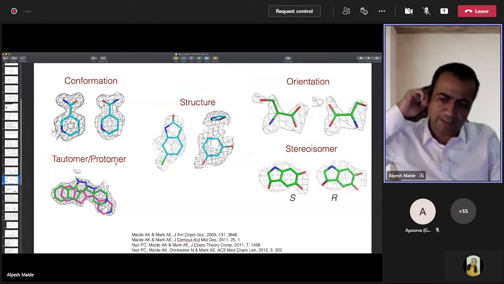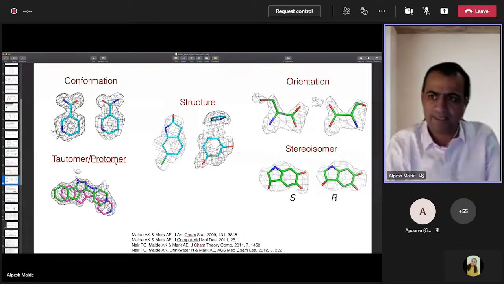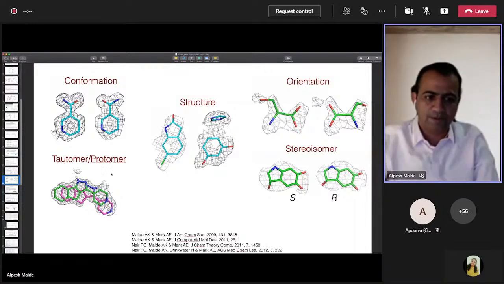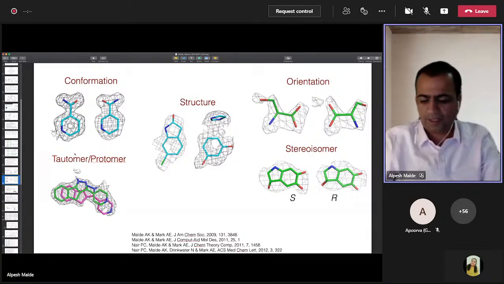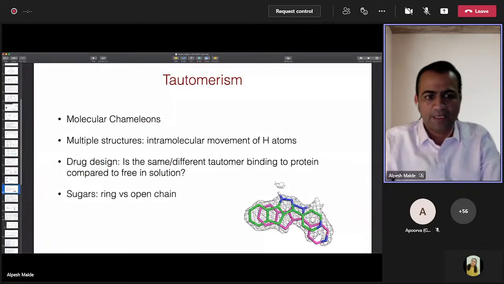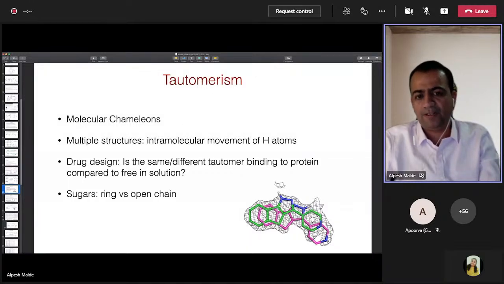So here I'll just add one more example, showing the tautomers or the protomers of the molecule. And here I take one of my favorite examples, warfarin. Tautomers are molecular chameleons, and they can have multiple states or structures, which involve intramolecular movement of hydrogen atoms.